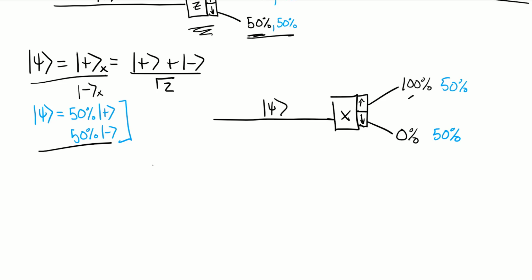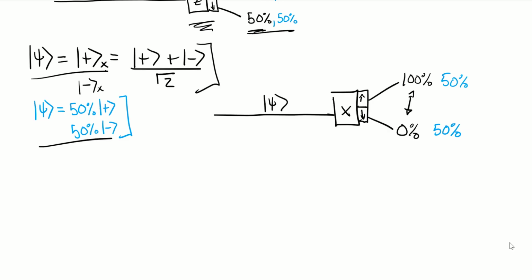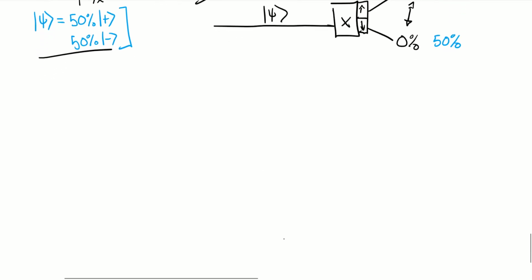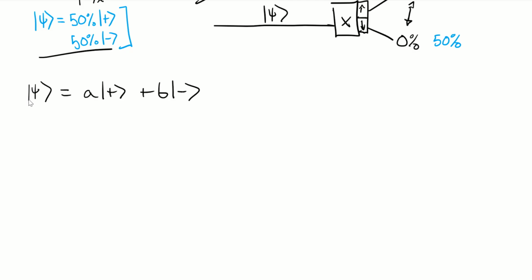We would just switch these two numbers and get 100% of them would have been measured down. So there we have it. The superposition states are essentially states that are written as linear combinations of our basis, or linear combinations of the basis states that we're talking about.